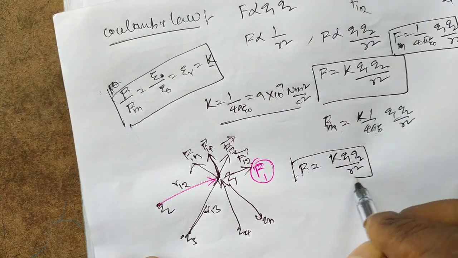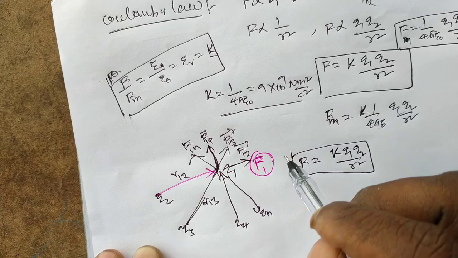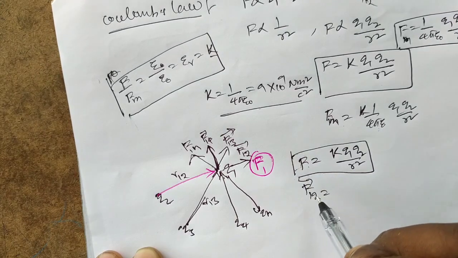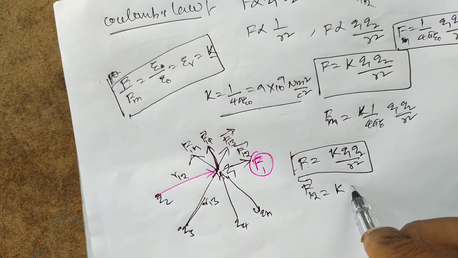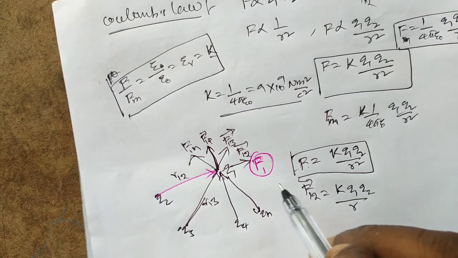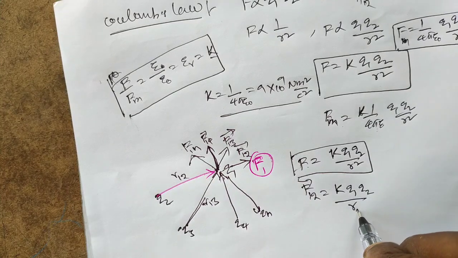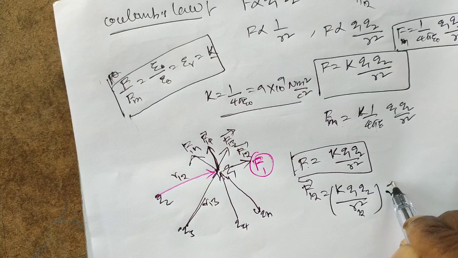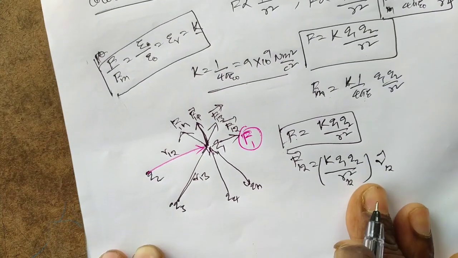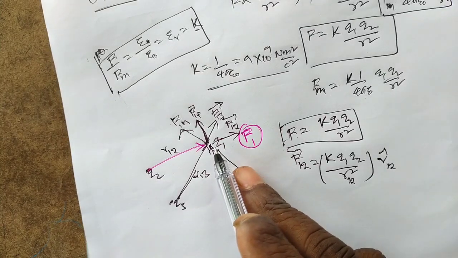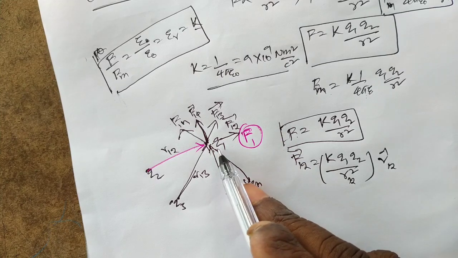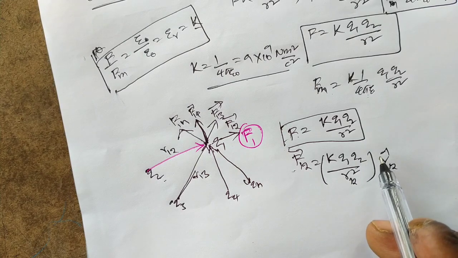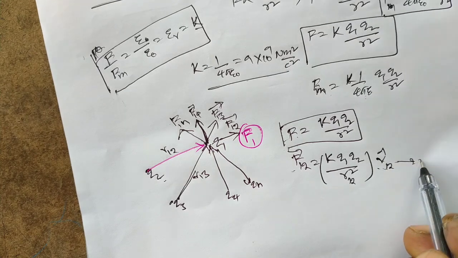Now in the form of a vector, the force on Q1 due to Q2, F12, is equal to K Q1 Q2 by R12 square, in the direction R12 cap. This is the force on the first charge due to the second charge. That is equation number 1.